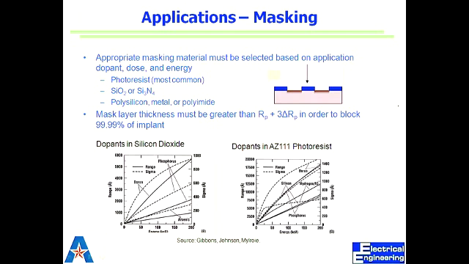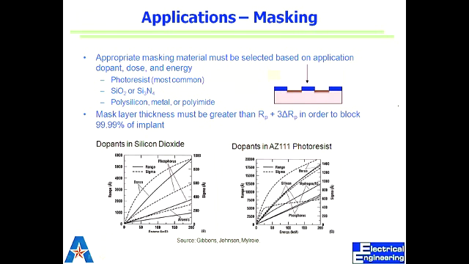The trajectory, how deep the ions travel through different materials. As a general rule, we want our mask to be thicker than this thickness: RP, how deep it goes, plus 3 times the straggle, 3 times sigma on either side of the depth that we want it to go.